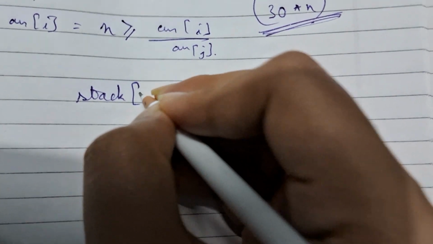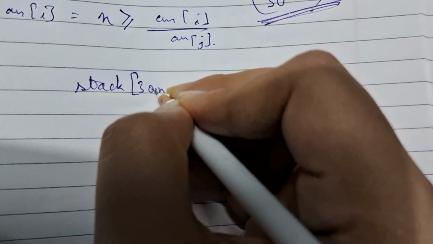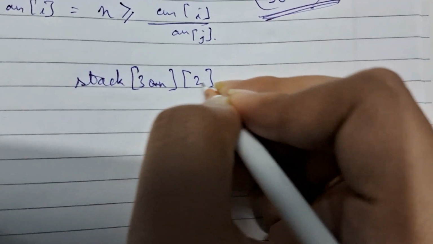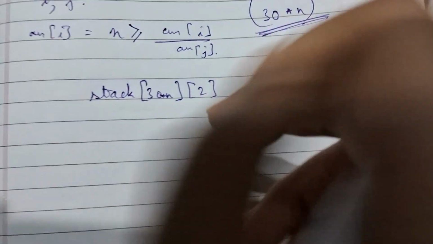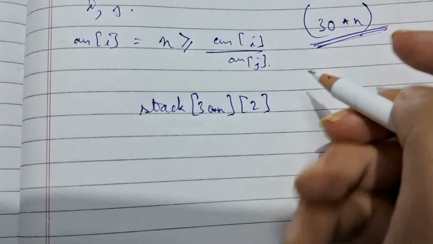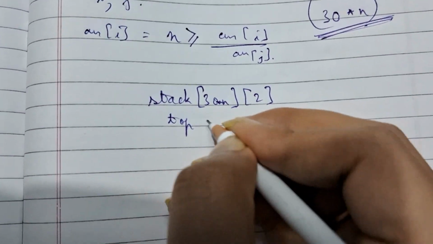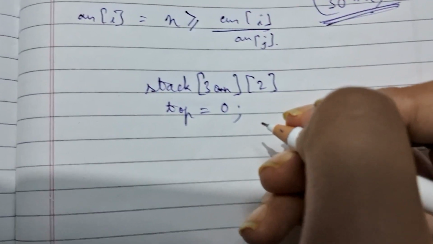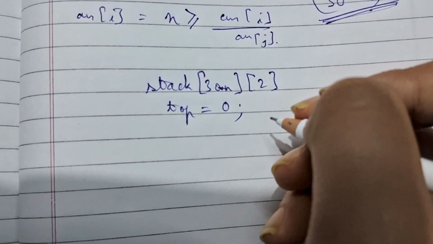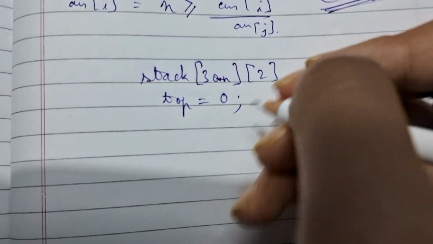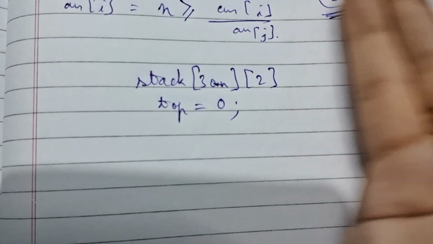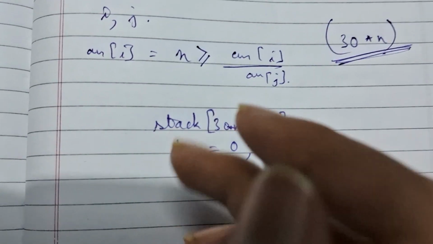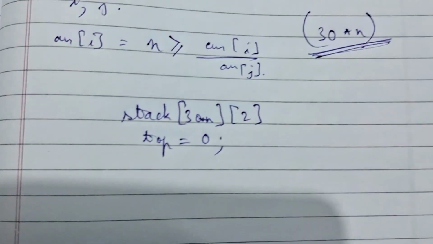Let's say we have a stack of size 30 * n by 2, because this thing we are going to store in this stack. And for the stack, the thing is top, so top is initially 0. It should be equal to -1, but we are just considering that top is equal to 0, that is just 1 ahead of that, that is top plus 1 basically.